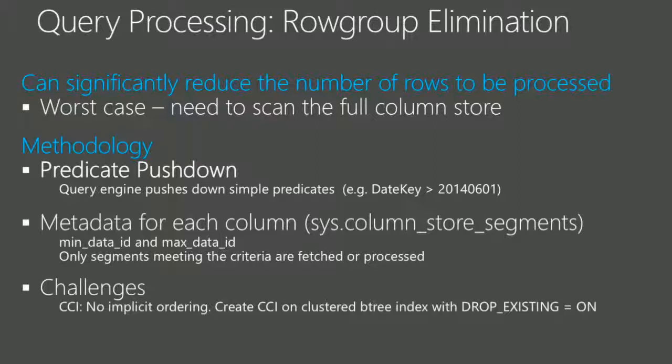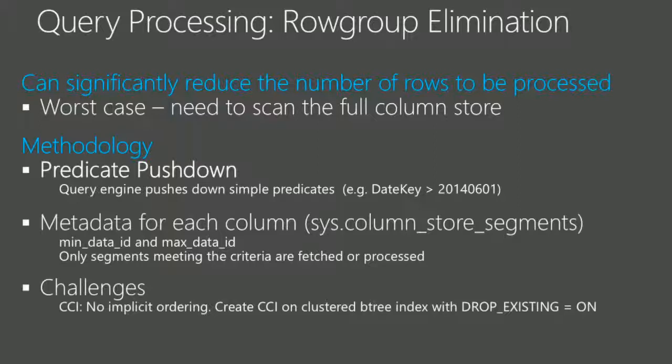Now the key thing is that the most common predicate that people use, I could be wrong, but the most common that I have seen is based on the date or the time, because data is coming in on the time dimension. If the data is coming in on the time dimension, it will be naturally sorted on that column, right? Because it is coming into the delta store.